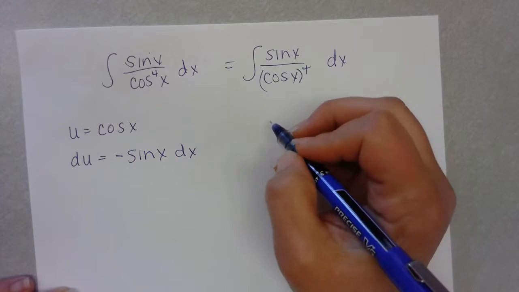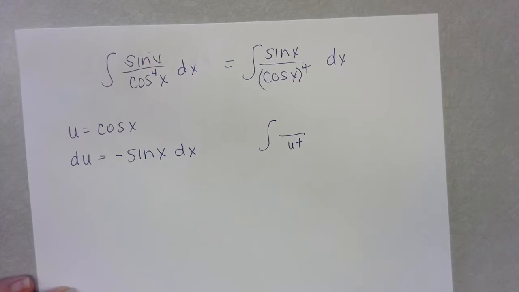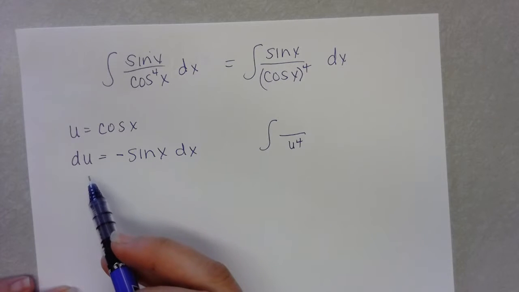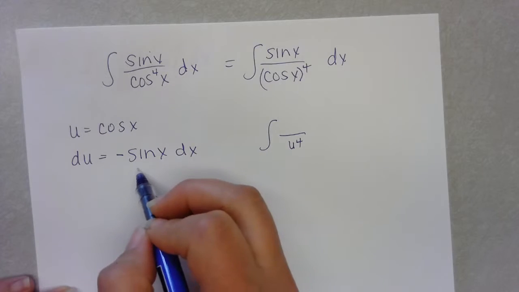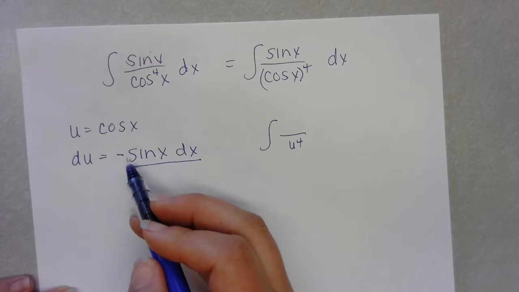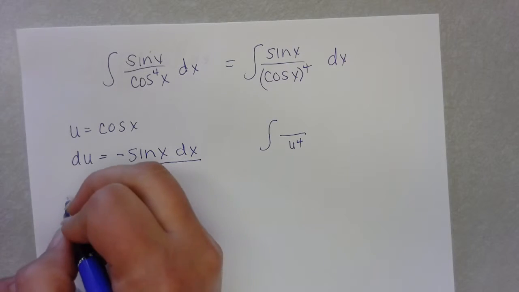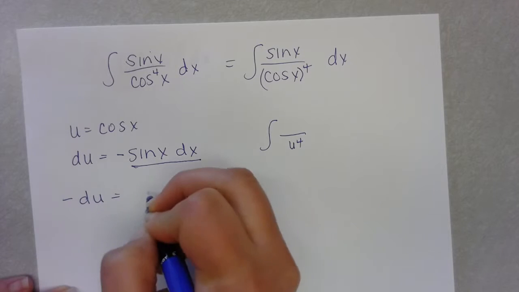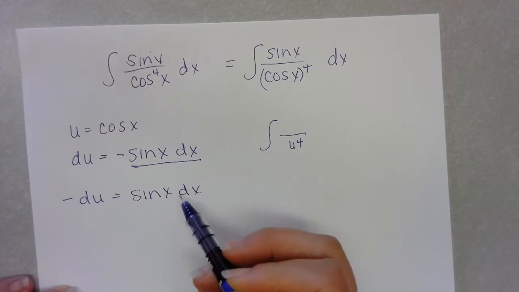So I know that I have u to the fourth down here. Okay, so let's figure out what we need to put in du. We have sine of x dx, so we have this part right here. So I need to get rid of this minus. Because I want to make it an equal swap, I'm going to divide both sides by -1 and get negative du is equal to sine of x dx. So now I have an equivalent swap.